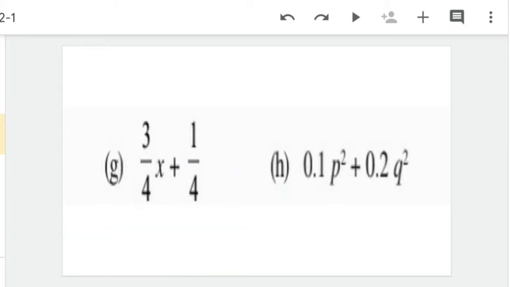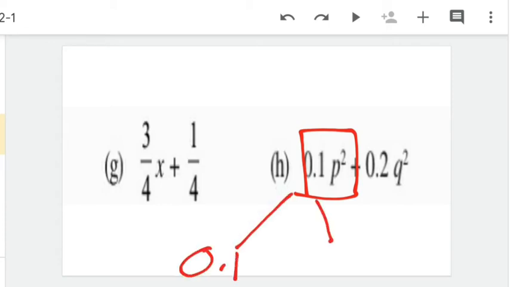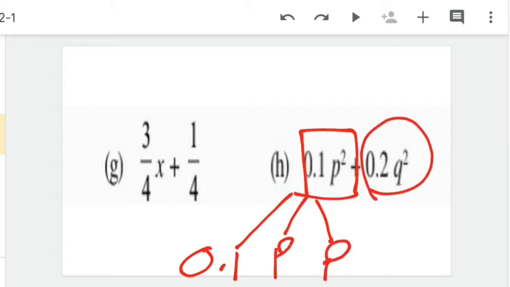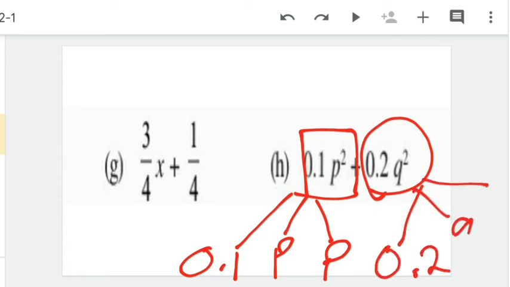Similarly, the two terms in the last part: the first one is 0.1 p square, so its factors are 0.1, p and p, and for the second term, 0.2 q square, the factors are 0.2, q and q. Okay.